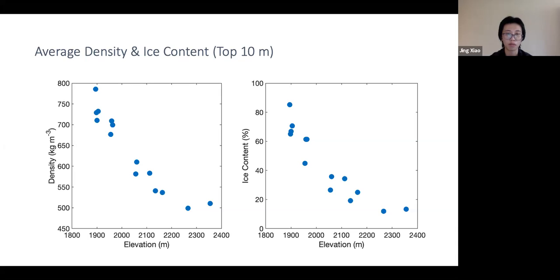At the same time, the refreezing has a strong elevation gradient. So the higher the elevation, the less the melt, the less the refreezing, and also the lower the density and the less the ice. So this is the core-scale spatial variability of ice layers in our study area.